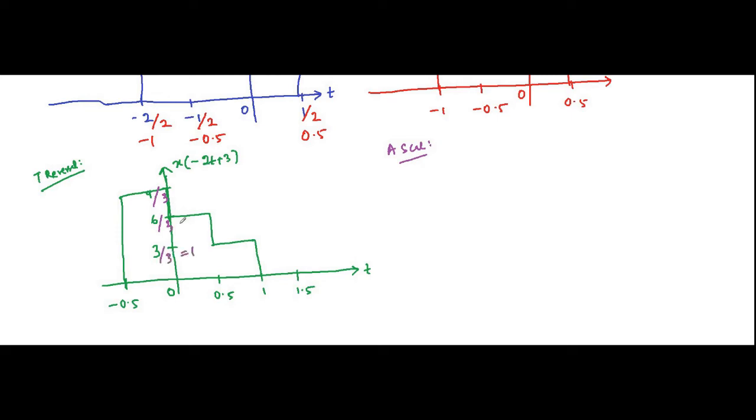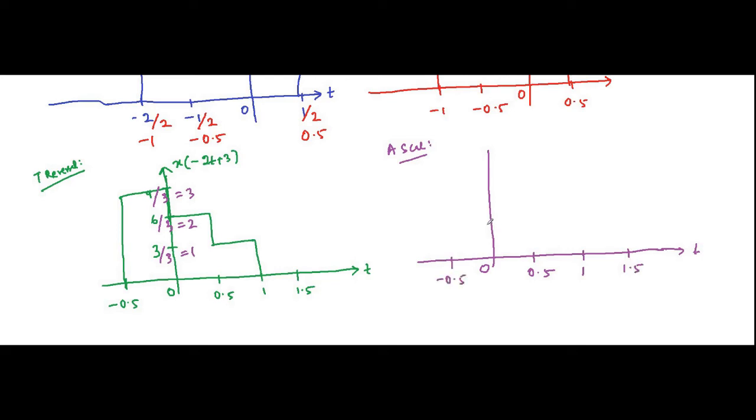So this is equal to 1, this is equal to 2, this is equal to 3, with time points 0, 0.5, 1, 1.5.